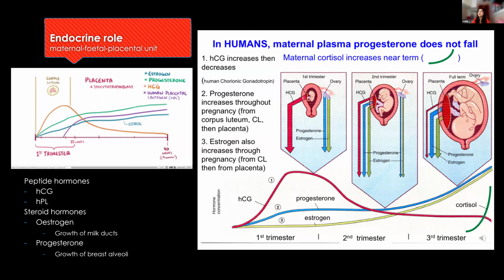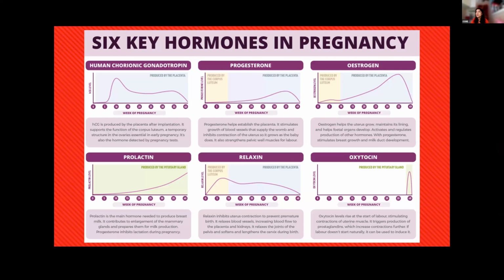But I think that all the hormones are really important for maintaining a pregnancy, initiating parturition, all these things. So it might be a good idea to list out all the hormones that are involved in this module and the different roles and the functions of those hormones, and just memorize them for part A's. But basically, these are the 6 key hormones, and you can see each of the hormones' roles. So if you don't want to list it out, just copy this diagram or just read it like I did.